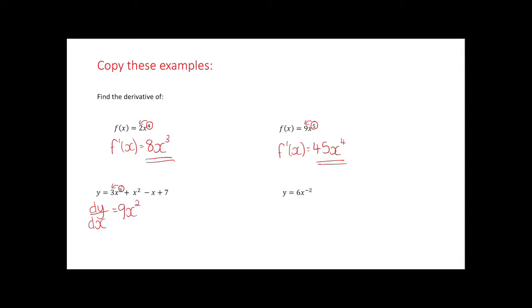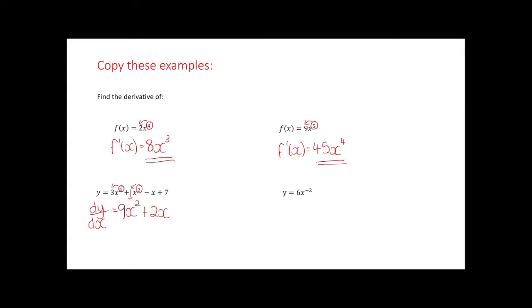So that's us done with this first part. We can then move on. So we've got 2x squared. 2 is going to come down and multiply by, remember at this point we've got a secret 1. So it's going to become plus 2, x stays where it is, and we decrease that 2 down to 1. Obviously we don't always write that power 1, same as we don't always write that coefficient 1. So that's just going to be 2x.